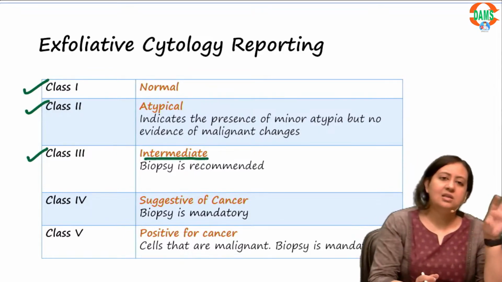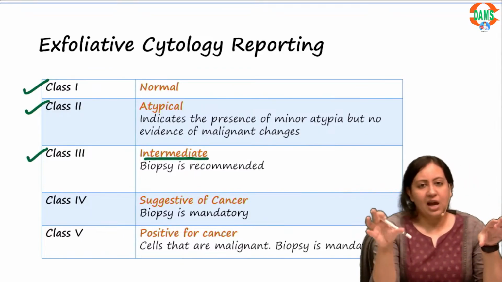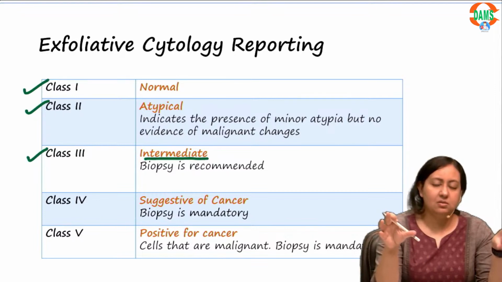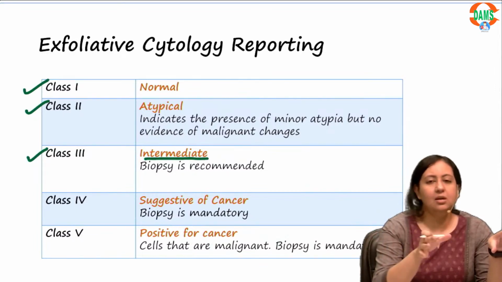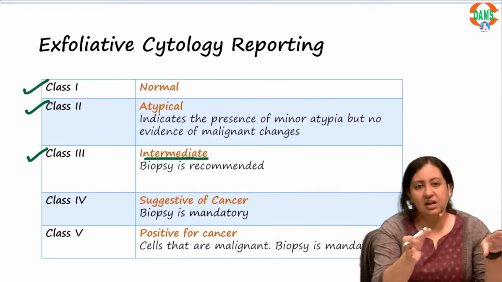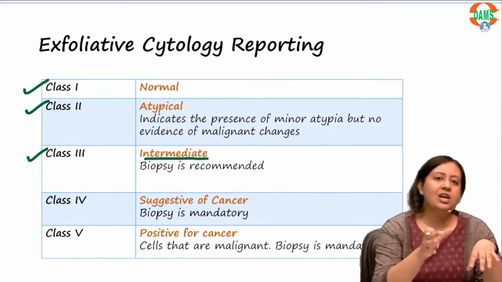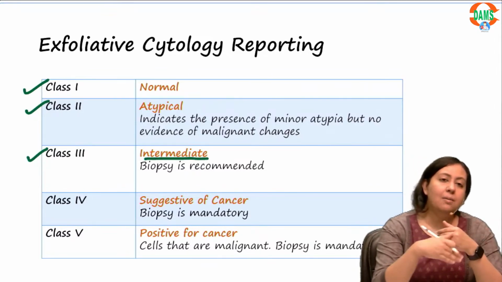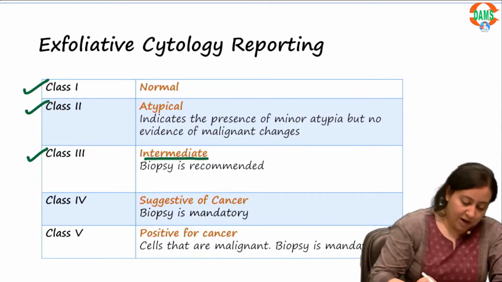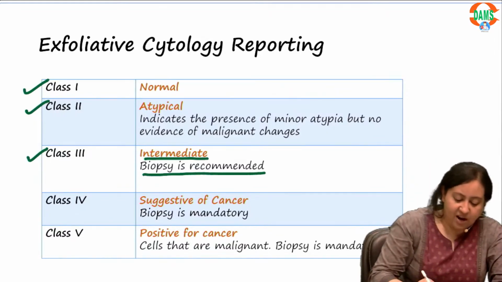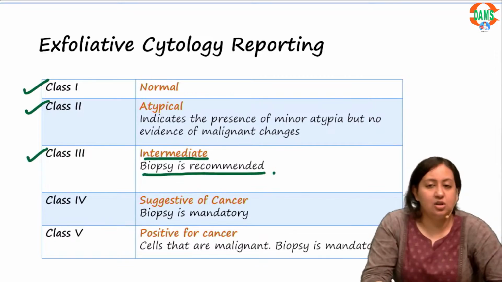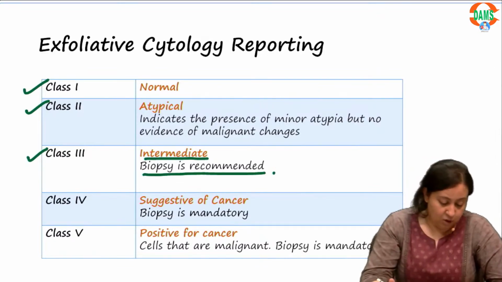They are somewhere in between cancer cells and normal cells. There is something that cannot be completely differentiated, so you recommend a biopsy to identify the exact nature of the pathology.